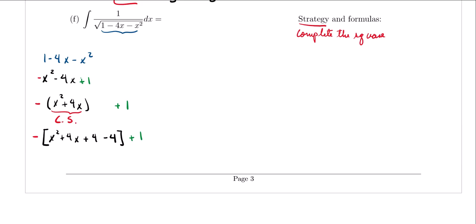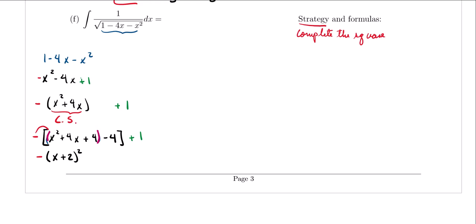Now at this point, I recognize that since we added a 4 here, this is a perfect square now. So we completed the square. So I'm going to rewrite this as a negative multiplying my perfect square: negative, open parentheses, x plus 2 squared. That's our perfect square here.